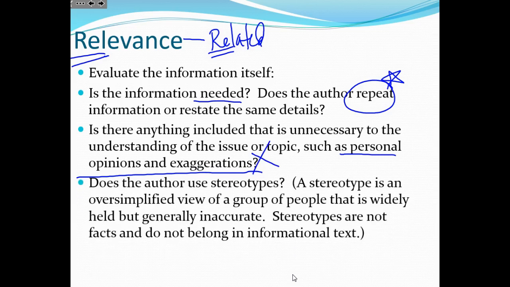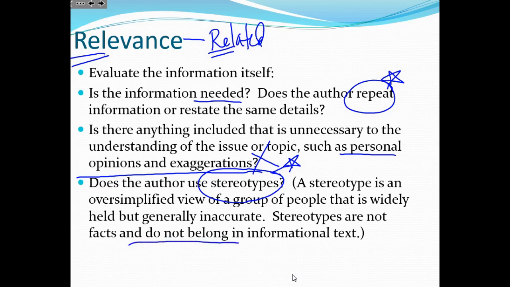Does the author use stereotypes? And let's talk about this word for a second. A stereotype is an oversimplified view of a group of people, kind of like that broad generalization, that is widely held but generally inaccurate. Stereotypes are not facts and do not belong in informational text.